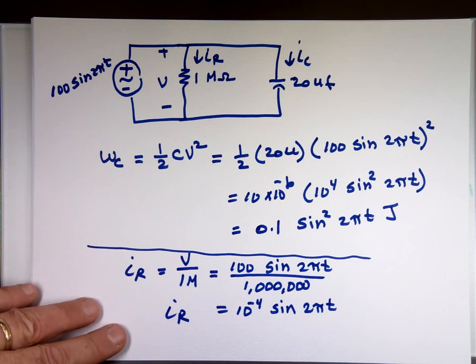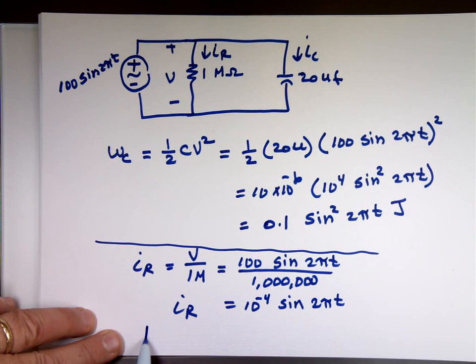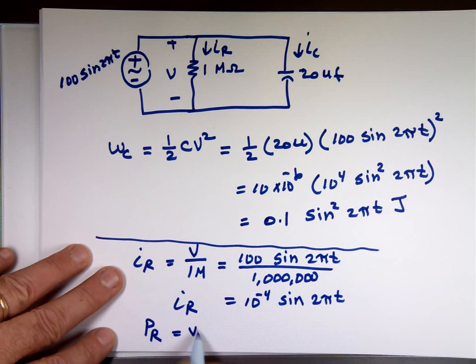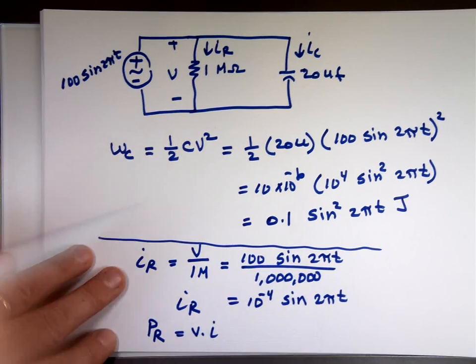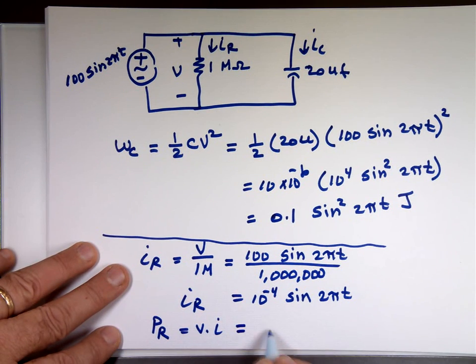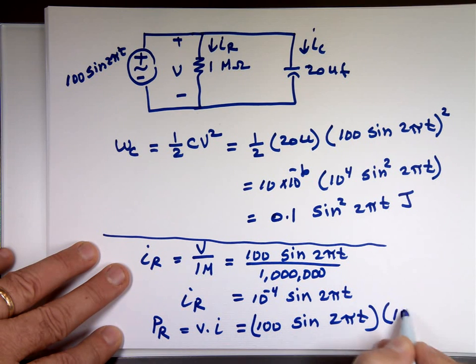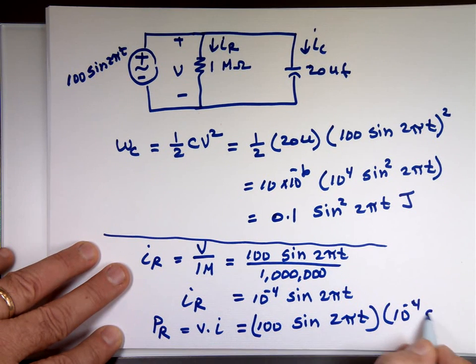I can calculate the power to the resistor there. The power, P, equals V times I, or I squared times R, or V squared over R. I could use V squared over R, so I don't have to calculate the I. That'll be 100 sine 2 pi t times 10 to the negative 4 sine 2 pi t.